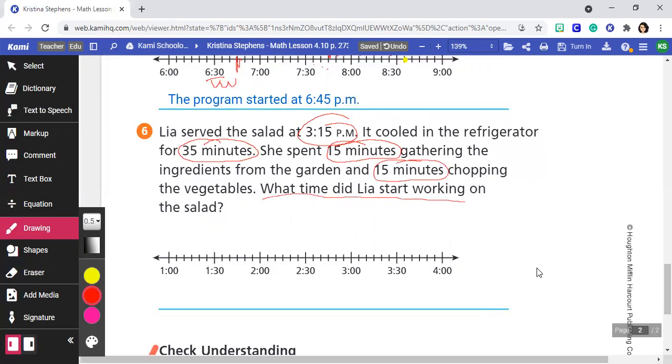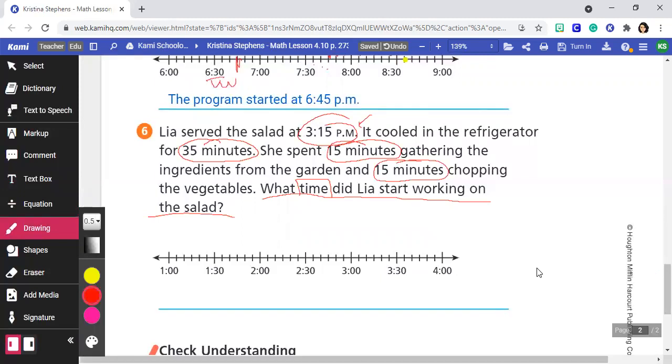What time did Leah start working on the salad? Again, we're talking about time. Well, I'm going to guess that our label is going to be PM from what we're looking at right there. And looking at my number line, it doesn't go to the morning time, so I'm going to take that leap of faith right there. I believe that our label is going to be PM.